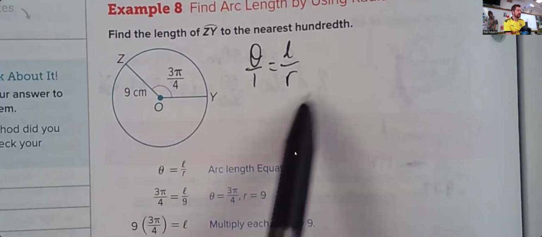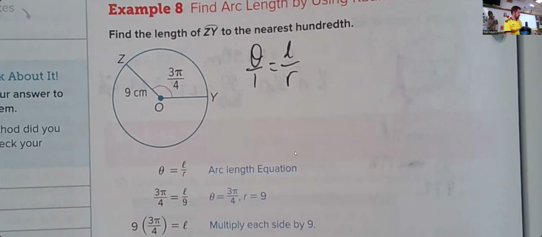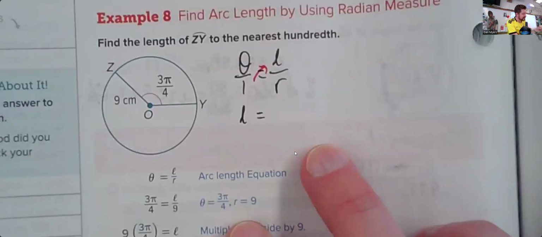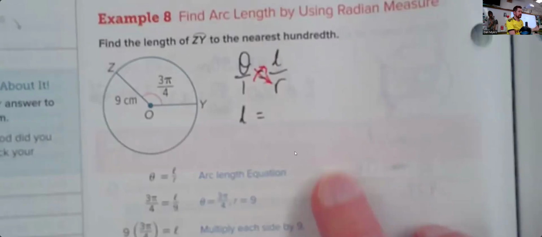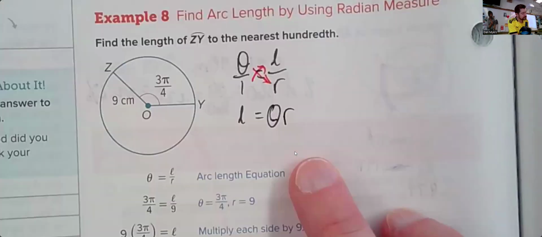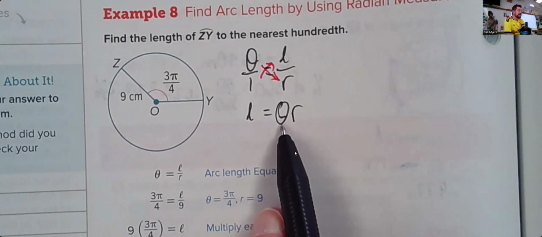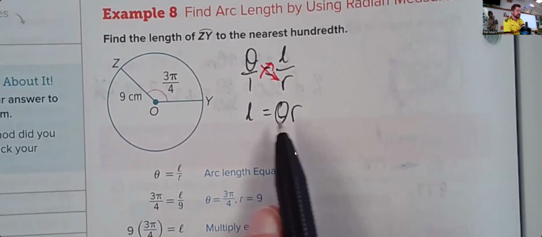This is a proportion. How do we solve proportions? Cross multiply. So if we multiply 1 times L, we get L. And if you multiply theta times R, you get theta times R. So the measure of the angle in radians times the radius is equal to the arc length.